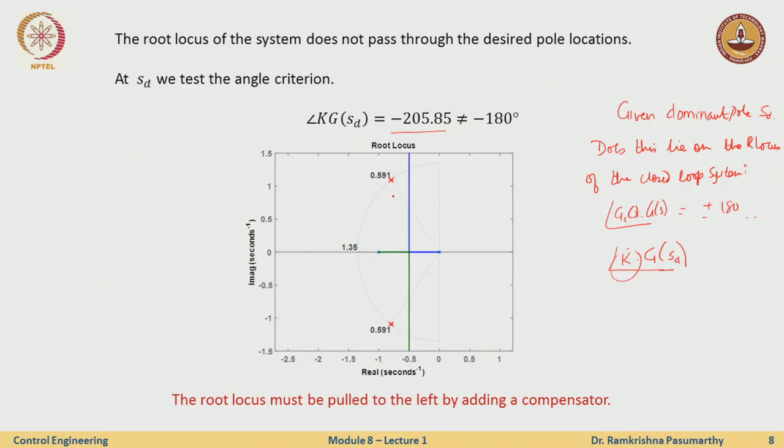But what we would need is these points, the ones in red here, to pass through the root locus of the closed loop system, which is GC times G of S. Okay, so which essentially means I want to pull the root locus to the left. And if I remember what I had learnt in module 7, it is to add a zero.